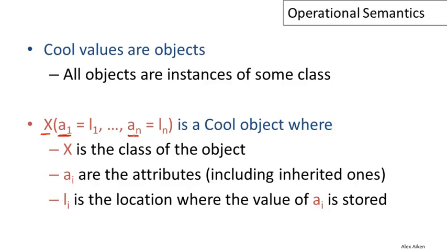In this case, the class X has n attributes, A1 through AN, and associated with each attribute is the memory location where that attribute is stored. So attribute A1 is stored at location L1, up through attribute AN, which is stored at location LN. This will be a complete description of the object, because once we know where in memory the object is stored, we can use the store to look up the value of each of those attributes.